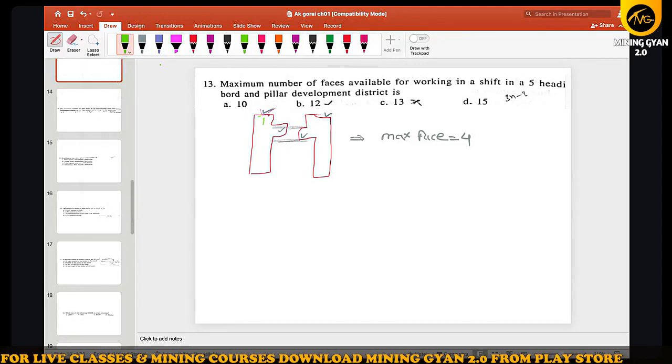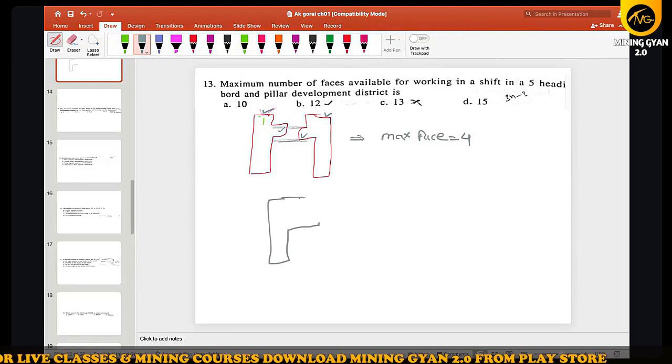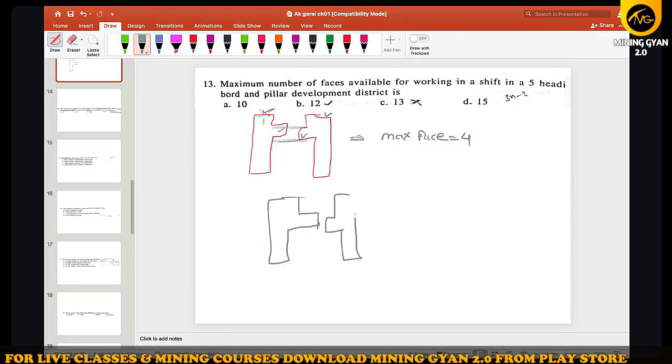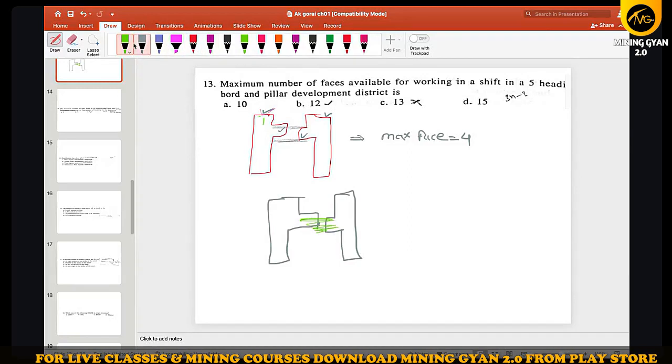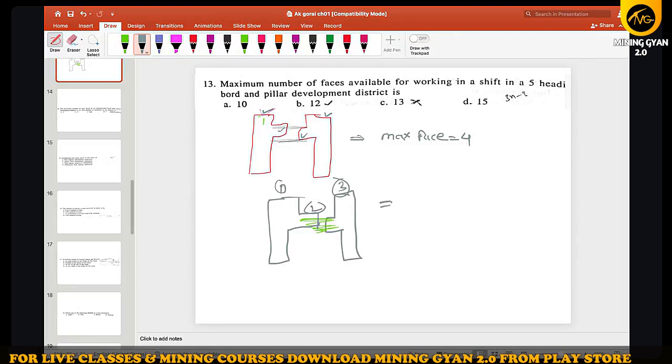I will draw another diagram so you will not be confused. In the minimum case, we will consider this as one face. So how many faces? 1, 2 and 3. If they ask us the minimum face, then it is 3.